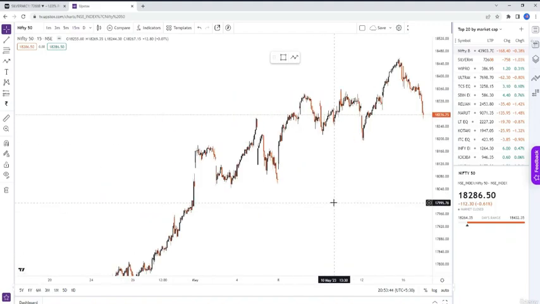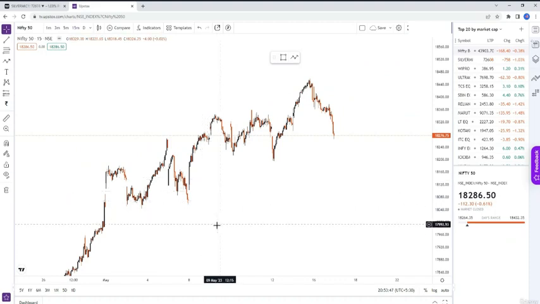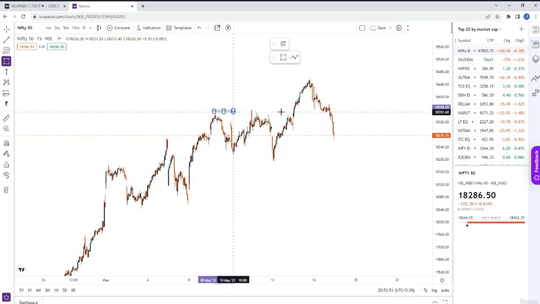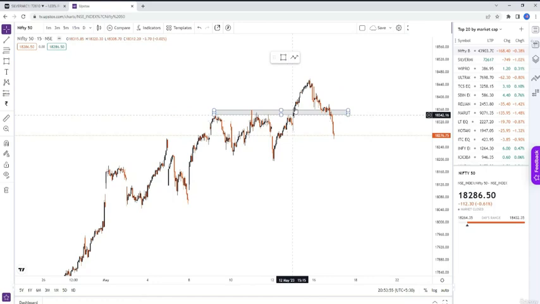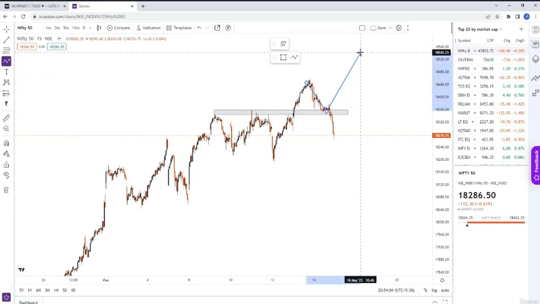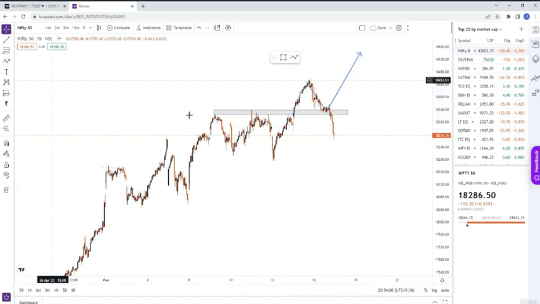Let's try Nifty, the same things. So here you see, this was the area where the market was taking resistance multiple times. When it comes to this area, here we plan this kind of scenario. But what happened here, it broke down.